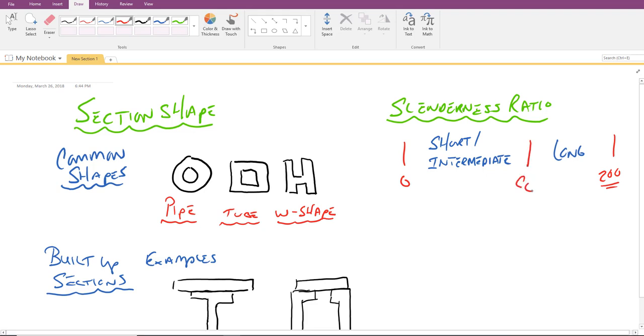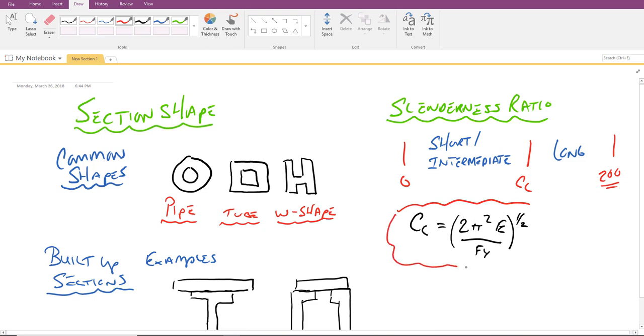And we do that with a parameter that we call C sub C. C sub C, if we pull from our textbook, is equal to this equation: 2 times pi squared times the modulus of elasticity divided by the yield stress of the column, and all of that is to the square root. And this would be the equation for C sub C.